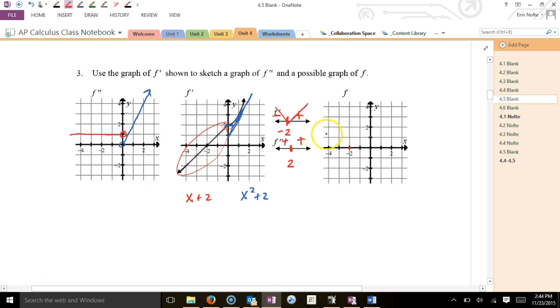Then it's going to be a parabola, and it's going to come back up probably about there. Oh, whoops, I screwed this up right here. This should be a 0, excuse me. The y value is 2, I was looking at that spot.